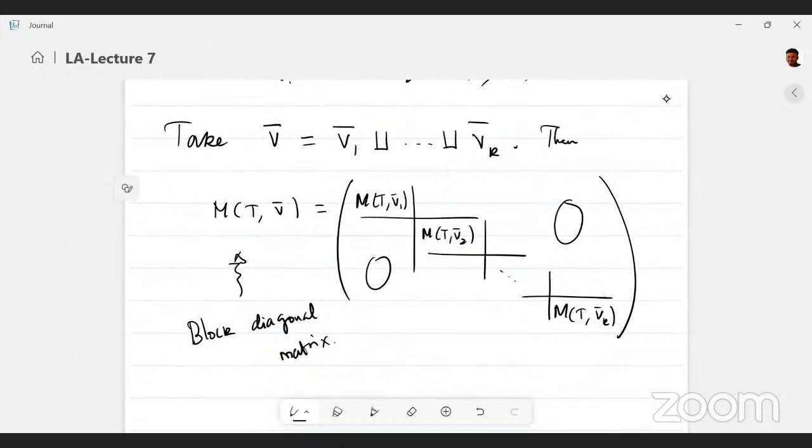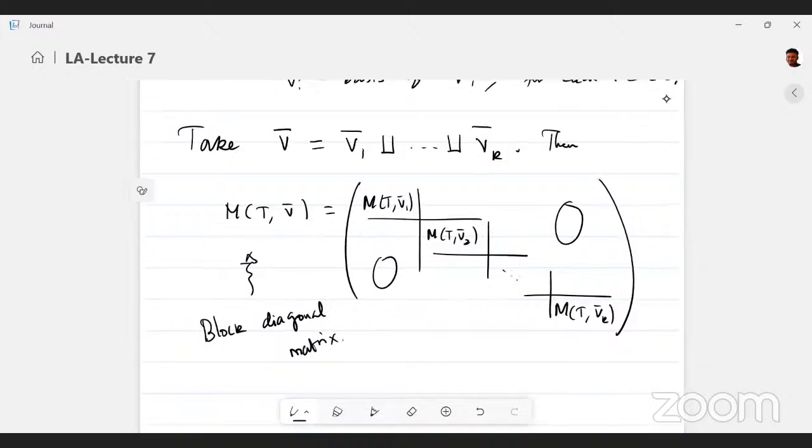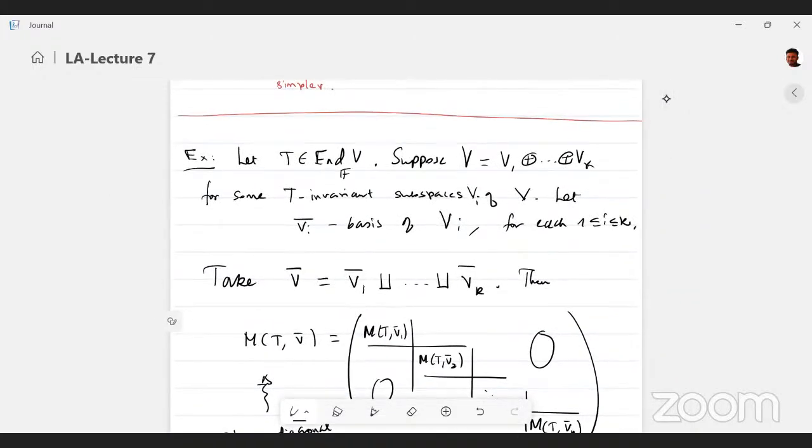So the bigger problem you break down into smaller problems. And of course, I'm not saying, first of all, why such a decomposition exists. That is something we want to prove. We will see that it comes from some abstract algebra.